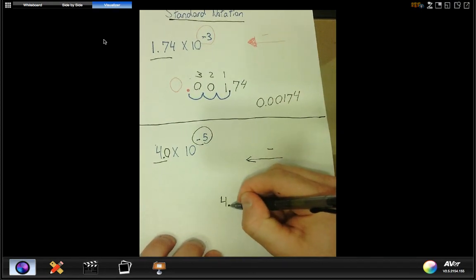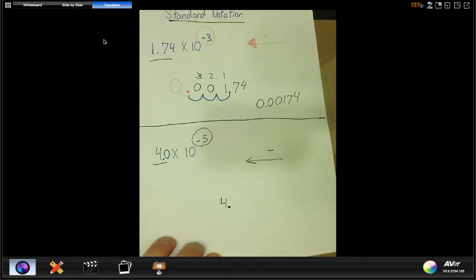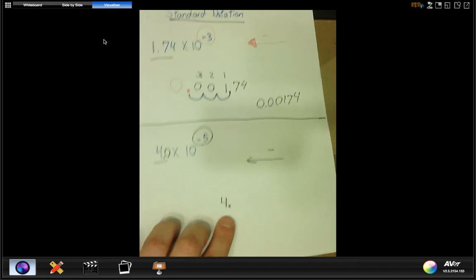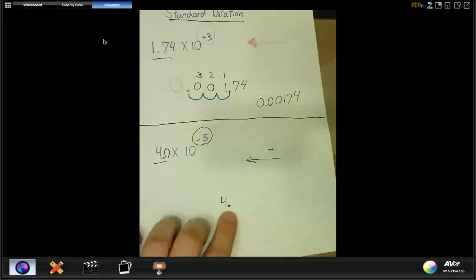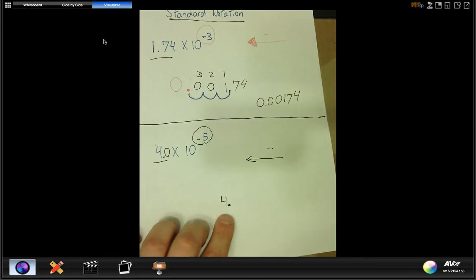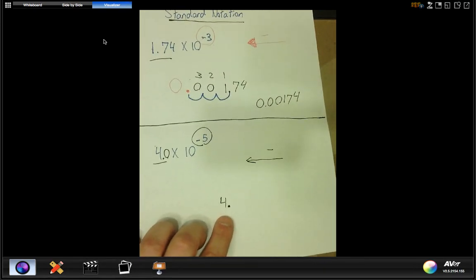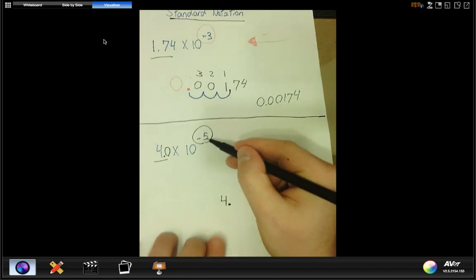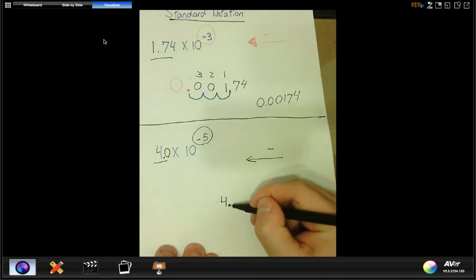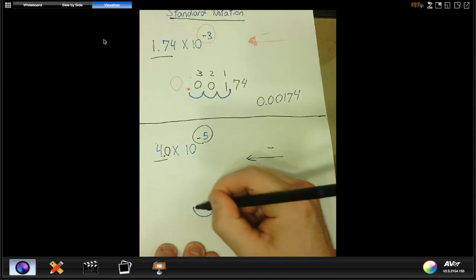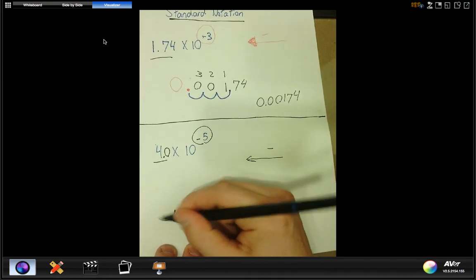Now, notice I just put 4 point. You can do 4.0, that's the same exact number, but in the end, our answer, we just want that 4 by itself. So I'm going to move this decimal point 5 places to the left. 1, 2, 3, 4, 5.